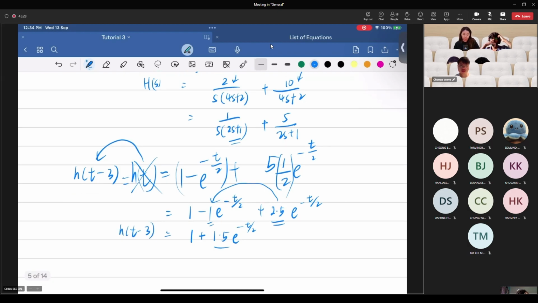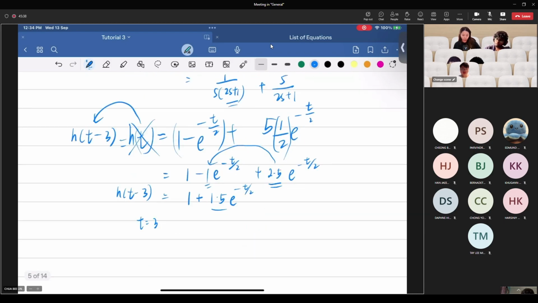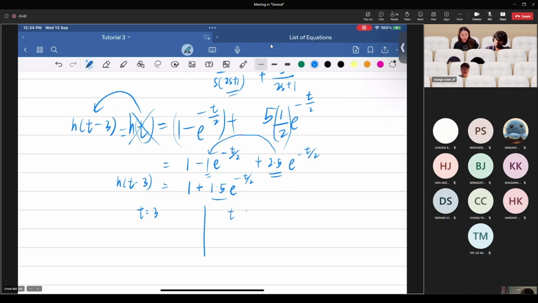Okay, so this is the exponential term. What you can do is always start from the starting point, t equals 3, and also the end point, t equals 33.